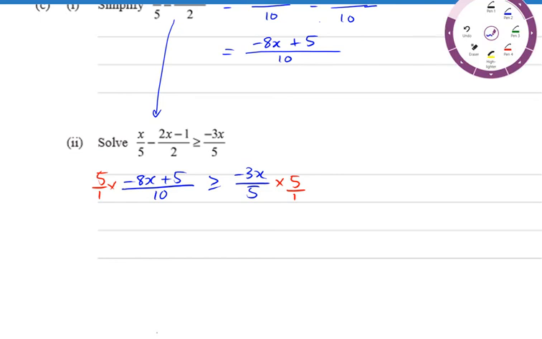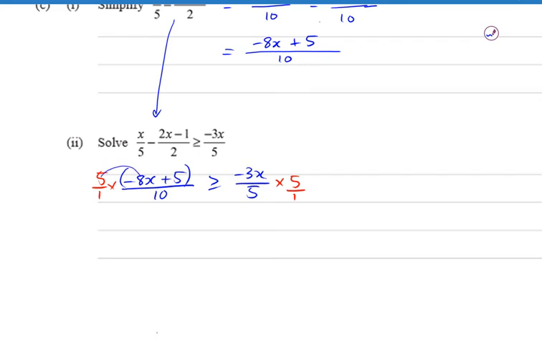So timesing top with top here, remembering that 5 is timesing both of these things, I'm going to have negative 40x plus 25, and that's all over 10. And on the other side, the 5's are just going to cancel out. And so I'm left with negative 3x over 1, but I don't need to write the over 1.